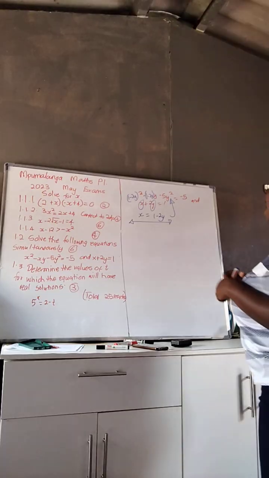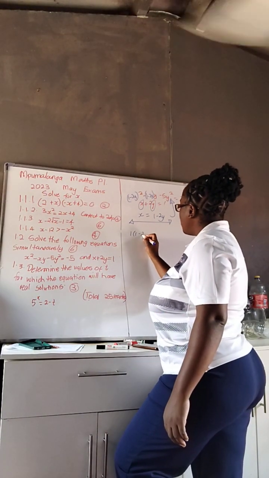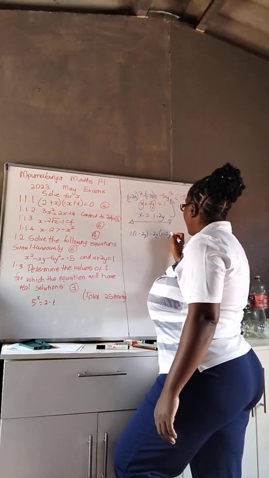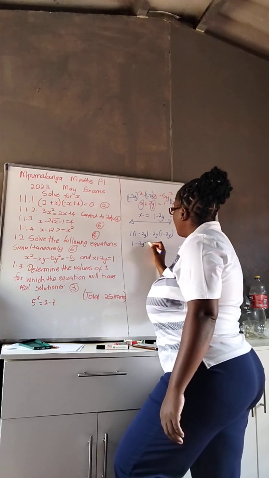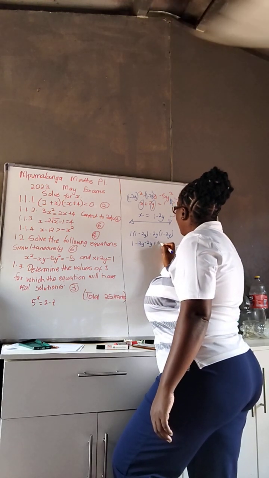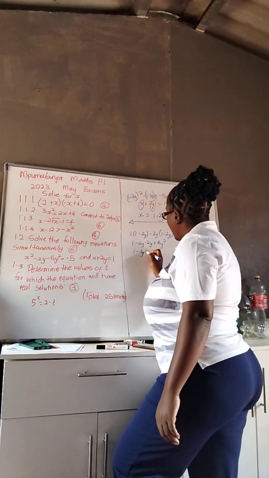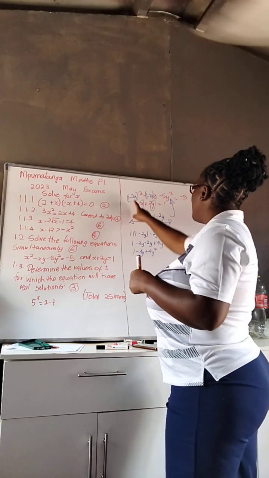Perfect. Now I have (1 minus 2y) squared. So it's (1 minus 2y)(1 minus 2y), so it's 1 minus 2y minus 2y plus 4y squared. That's 1 minus 4y plus 4y squared. So this is the answer to that part.